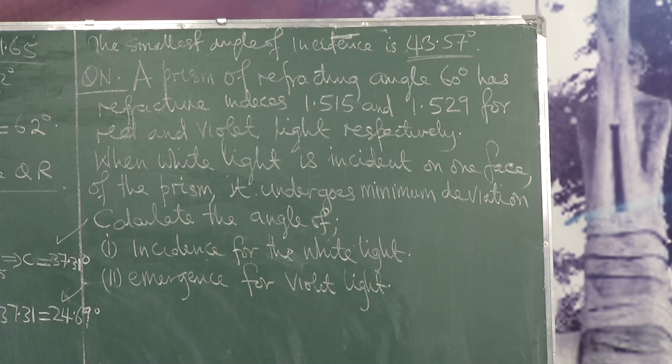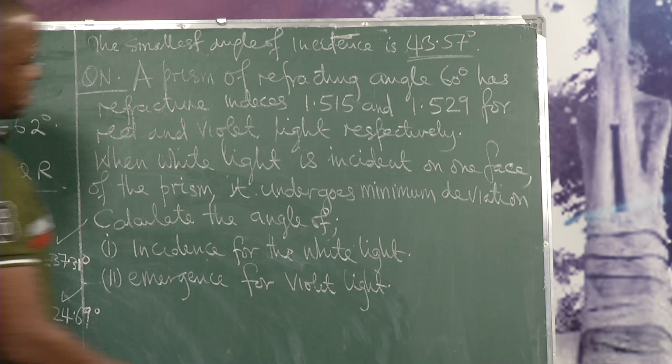A prism of refracting angle 60 degrees has refractive indices 1.515 and 1.529 for red and violet light respectively. That means the first value is for the red light and the second value is for the violet light. They are saying when light is incident on one face of the prism, it undergoes minimum deviation.